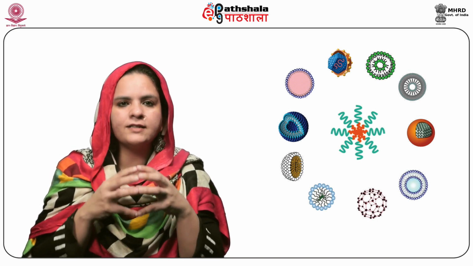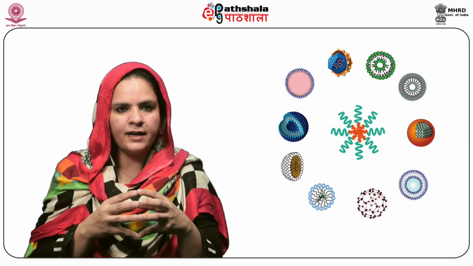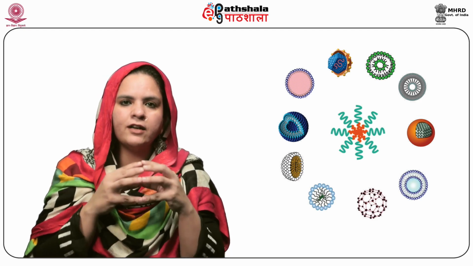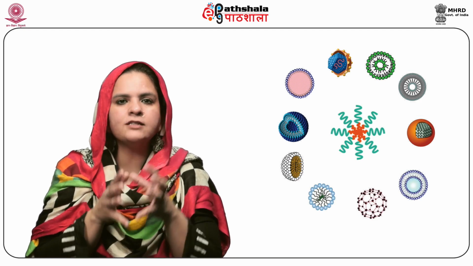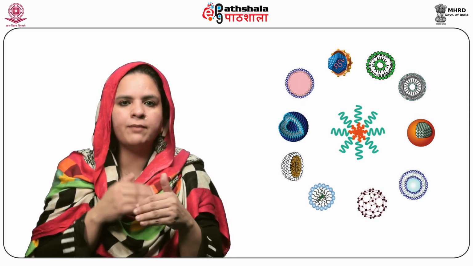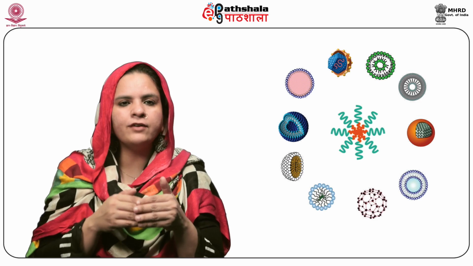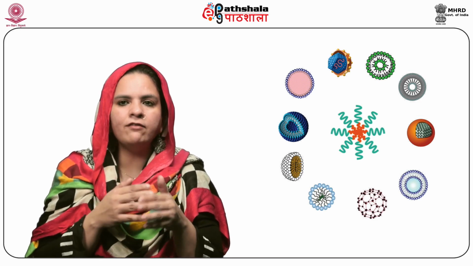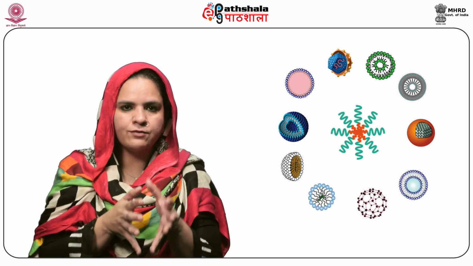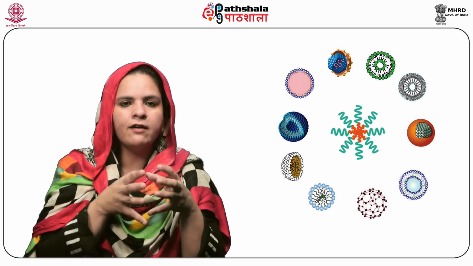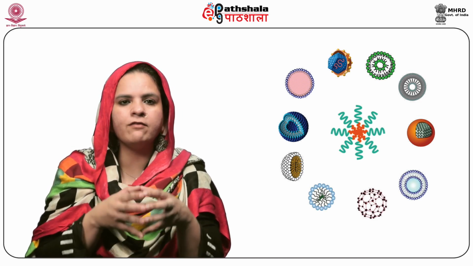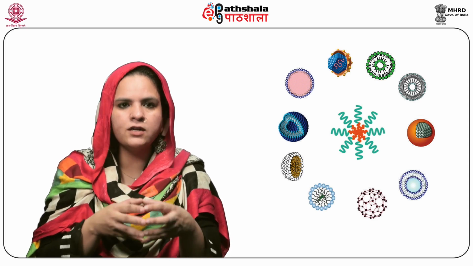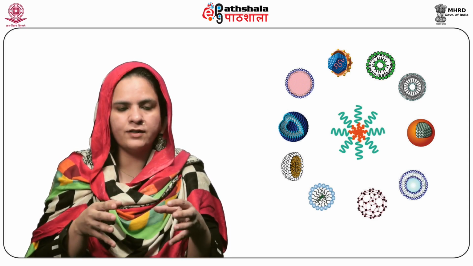Therefore, if we are designing a GRDDS, we have to be very sure that we are able to overcome the various barriers which are offered by the GI tract. If we are able to do that and we are able to use the various types of mucoadhesive polymers, we can very effectively formulate systems which can be very successfully used for treating a variety of diseases.